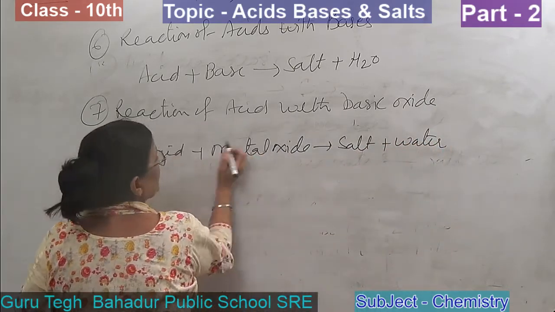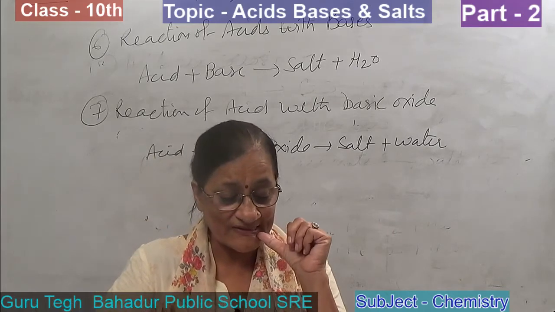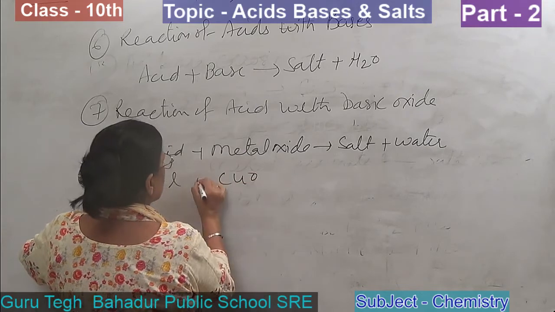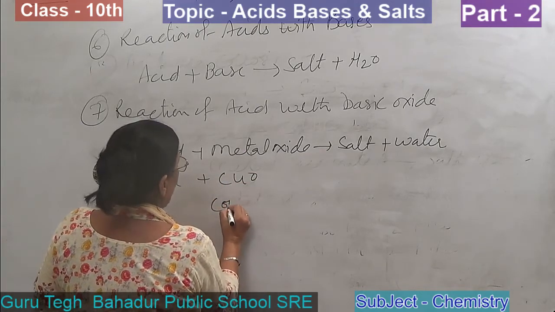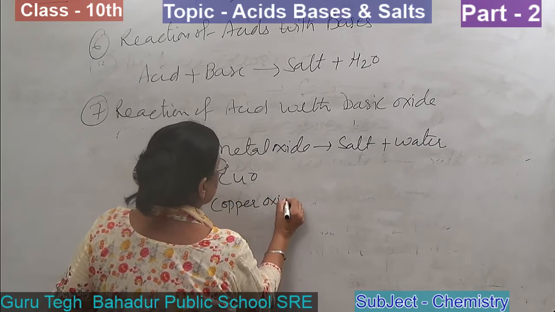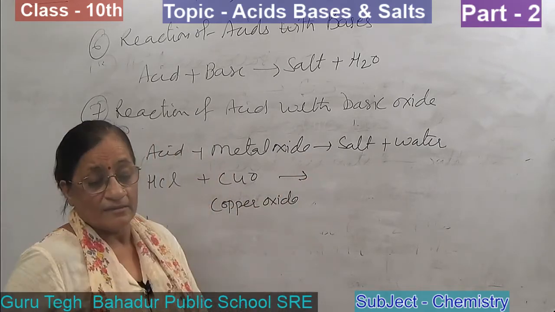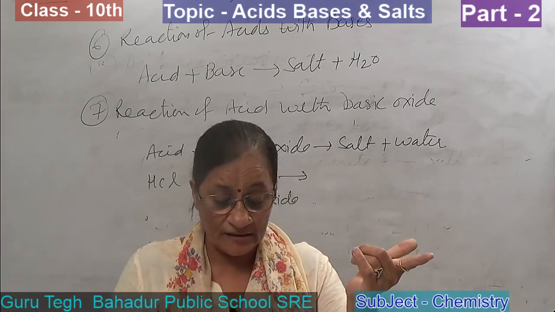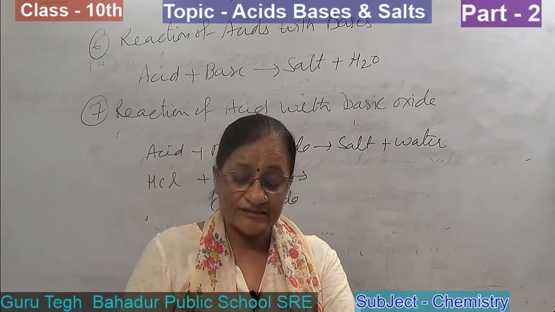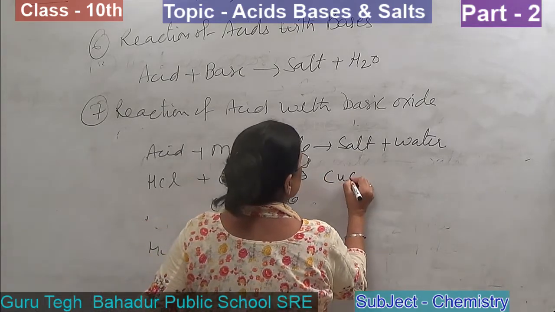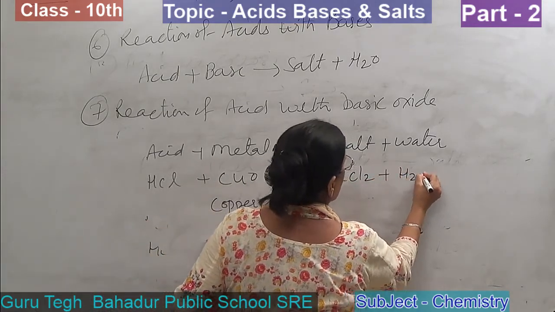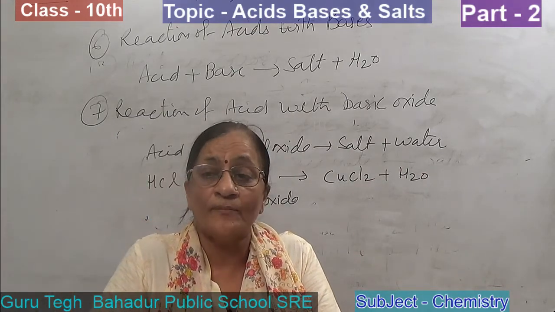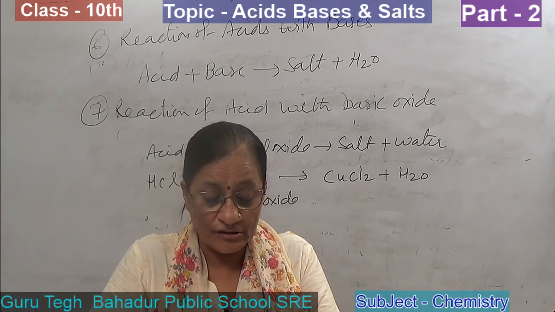The reaction for this is HCl plus CuO. Copper oxide is a black color material, and this forms CuCl2 plus H2O. Copper chloride is formed, that is a blue green color solution.